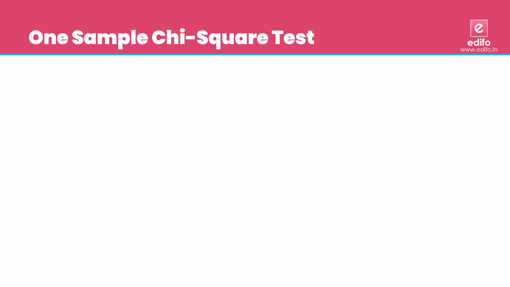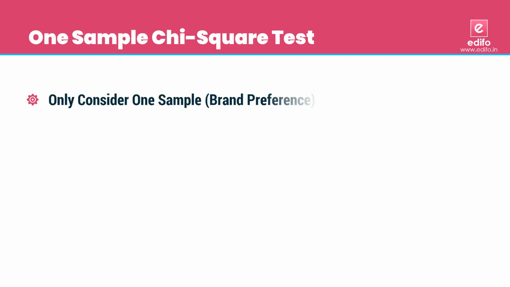One sample means we are only considering one variable under study. Here it is the mobile phone brand. It may be gender, or educational qualification, or residential status, or professional status. Anything can be considered as the one preference or one sample.